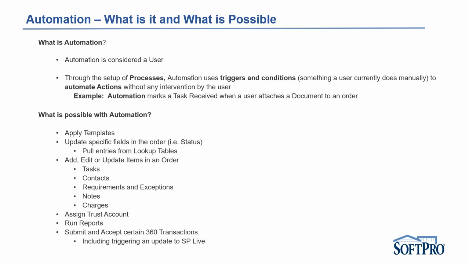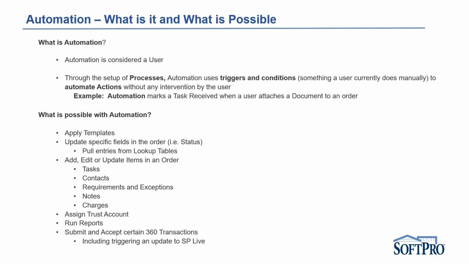So what is automation? That is a big, big question. If you just break it down simply, because I get asked a lot, what is automation and what can it do? Well, there's no simple answer to that, because automation is treated by Select as a user. Automation is only available if you're a Select user.